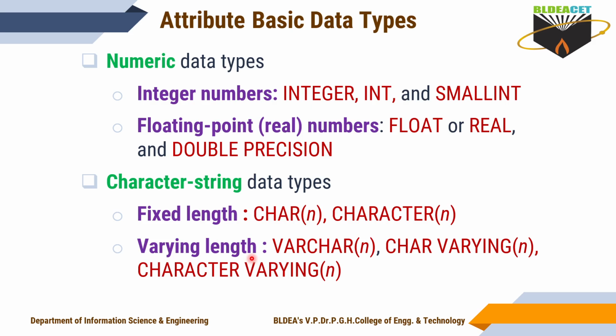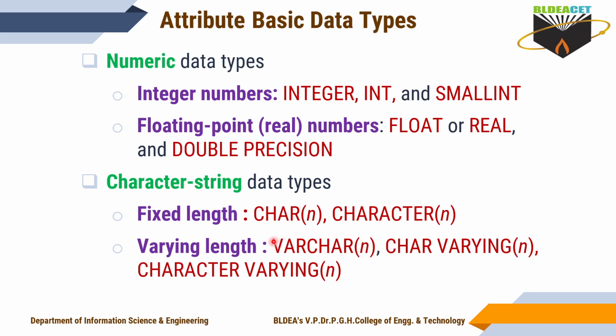If you have any data type which holds character strings for the attributes, then you can take varchar n, char varying n or character varying n. For example, if I take name as one attribute, for the values whatever you enter, it is not fixed. The name of one person may contain 4 characters, another person may contain 6 characters, and one more person may require 8 characters.